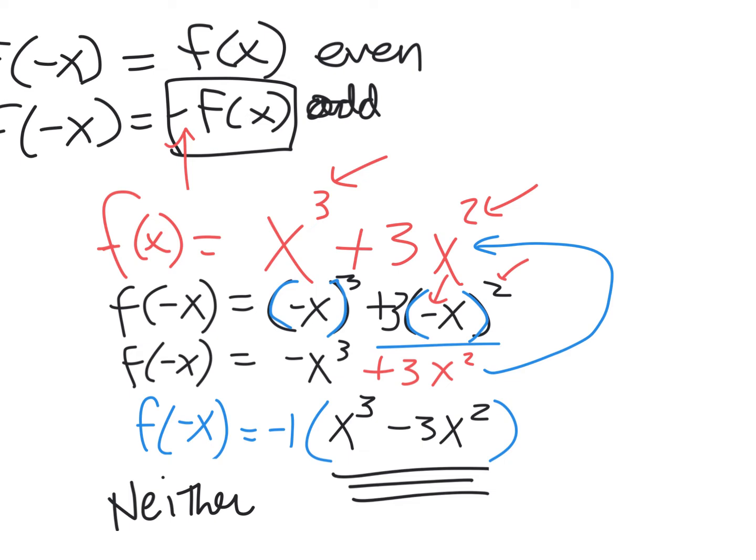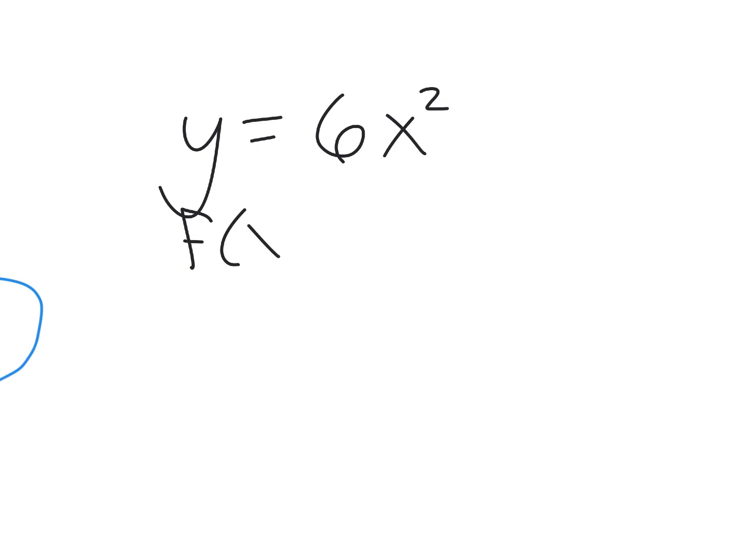Okay, I'm going to give you another one that's super simple, but you got to do it yourself. Would you agree that y equals 6x squared? If you think about what it looks like, it's probably going to be an even function. Okay, would you prove it, please? Act like it's a test, and you had to prove it. You can't just sketch it and say, look, it looks even to me.